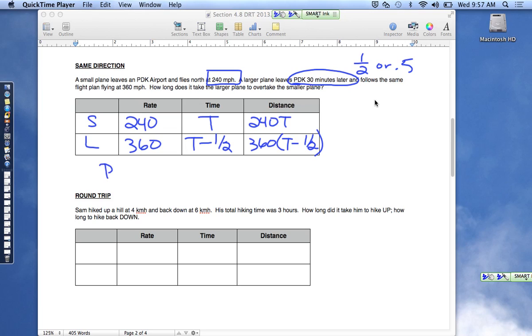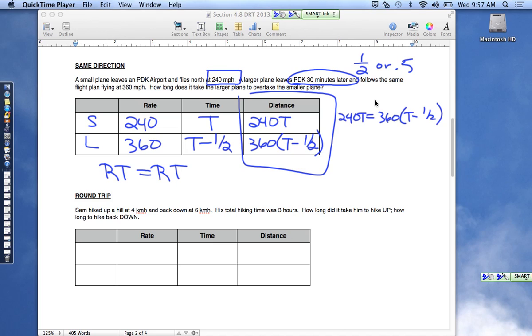The rate times time of one is equivalent to the rate times time of the other. So you take your last box, your distance box, and you set the two expressions equal to each other. So here I would have 240t getting set equal to 360 times (t minus 1/2).